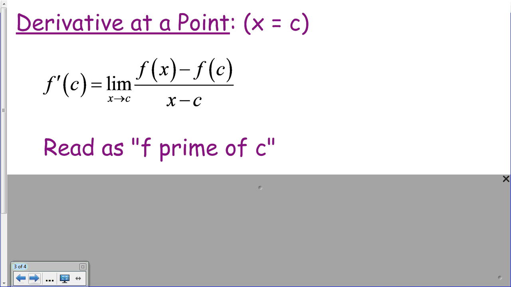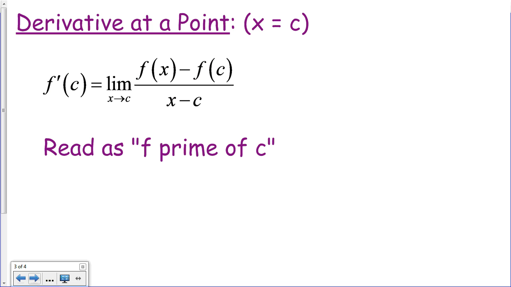That's what's making this interval smaller and smaller and smaller. Of f of x minus f of c all over x minus c. That's your slope formula. So we're taking the limit of this slope and forcing the 2 points to get closer and closer to each other. And by doing so, this limit will find for us the slope, or the derivative, of this function. Okay.